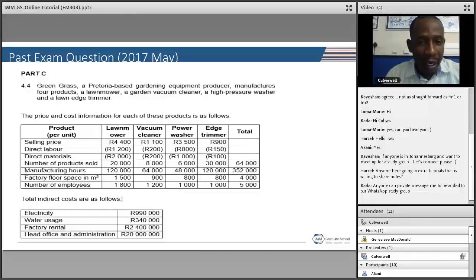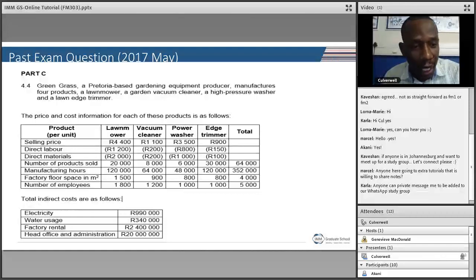That said, they went on even to give you the total. Under the last column, they gave you total. So just a quick one, if you're in the exam, quickly find out if this indirect cost, manufacturing hours, factory floor space, together with the number of employees, if the total of the 4 columns, is it giving you the very total that is given right there?